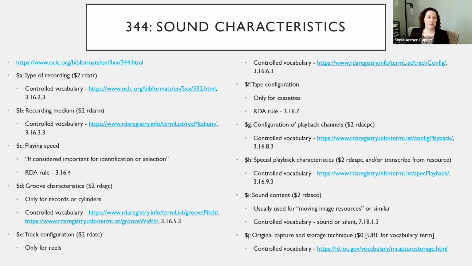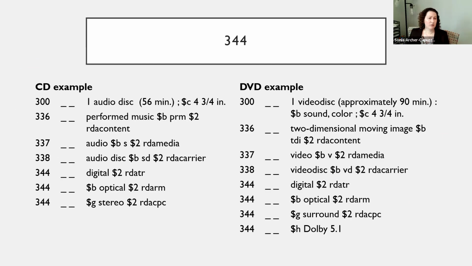You're separating out type of recording from recording medium, from configuration of playback channels, because these are different things with different controlled vocabularies, different places where you find that information. That'll just make it easier for the computer to link up the correct term with the correct vocabulary and potentially make this work better for quick searching and sorting.